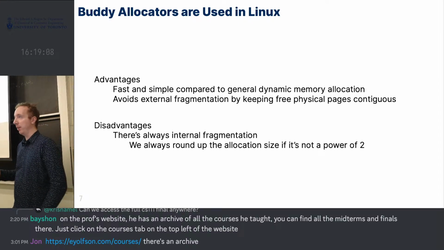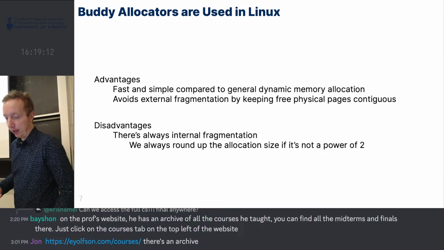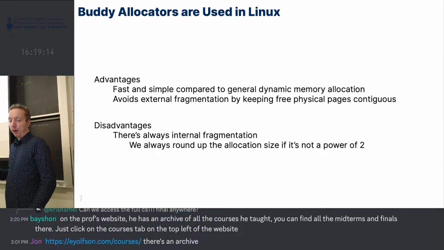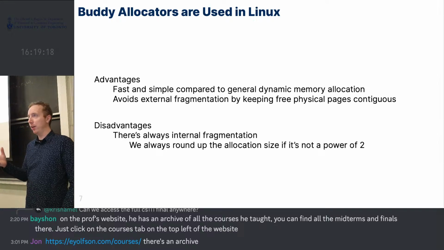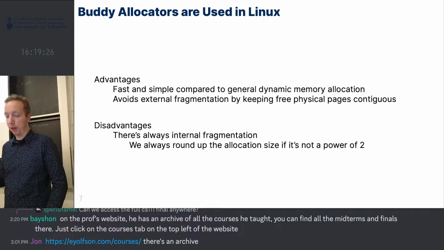The only disadvantage is that we have powers of 2 and we can only do that. It also kind of avoids external fragmentation because it keeps things contiguous. Because you have buddies, it's a lot easier to keep addresses contiguous with that approach.